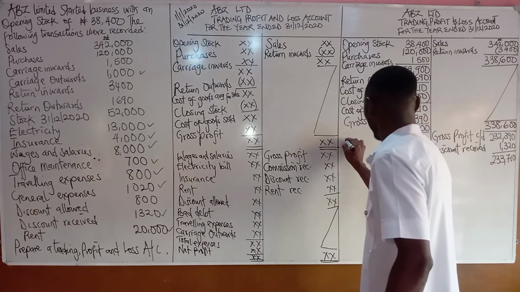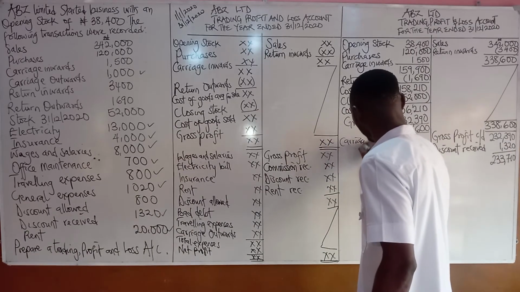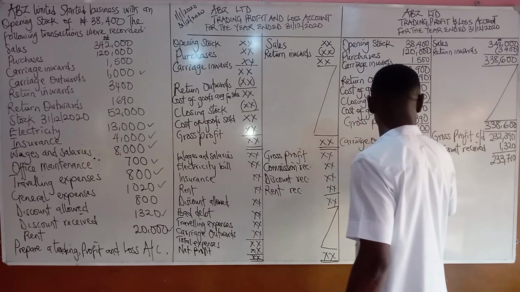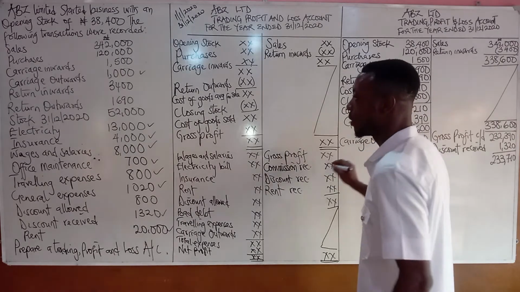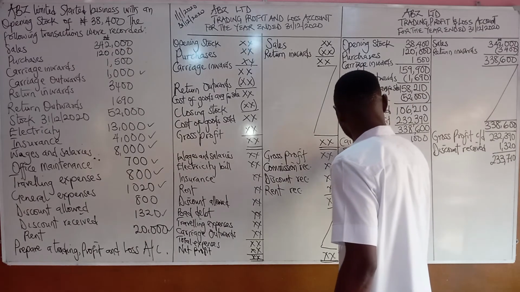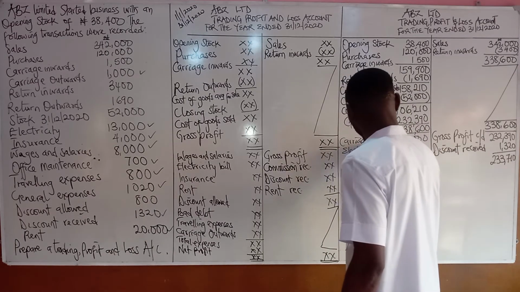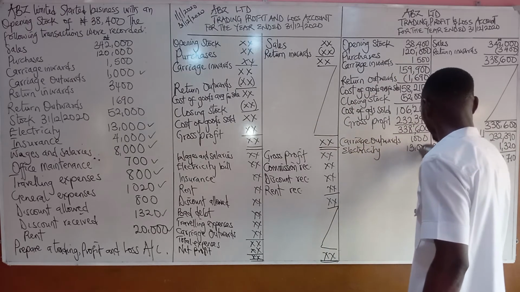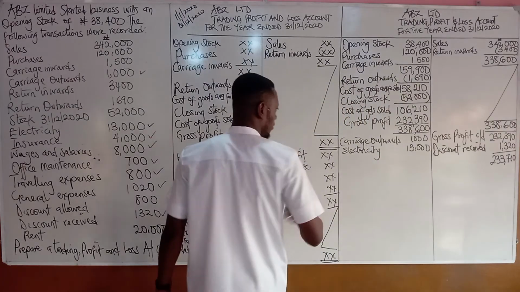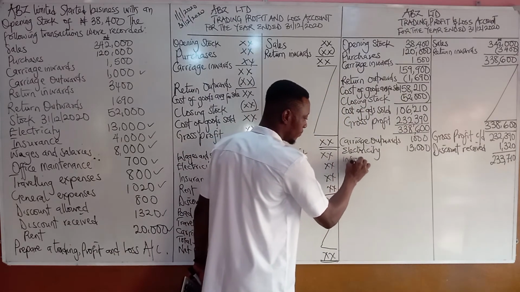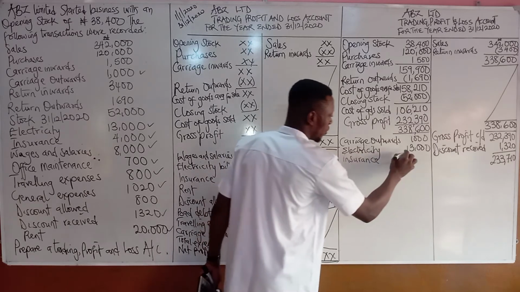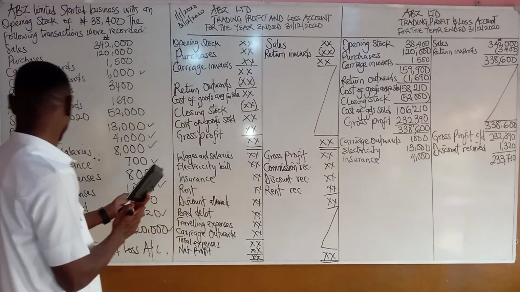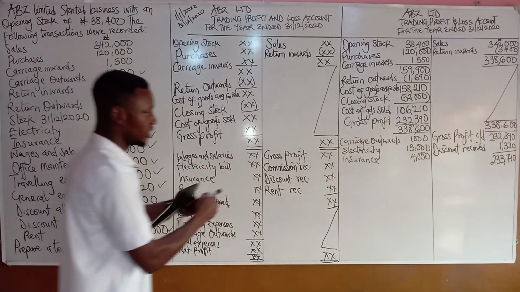So let's go. We have carriage outward, which is 1,000. We have electricity. Electricity is 13,000. And then I have insurance, 4,000. After insurance, the next thing is wages and salaries, 8,000.